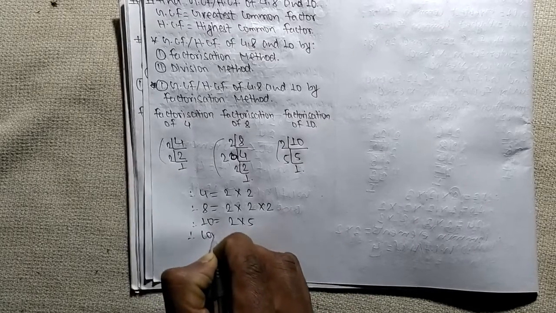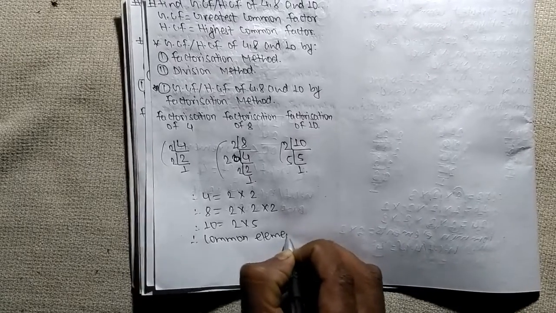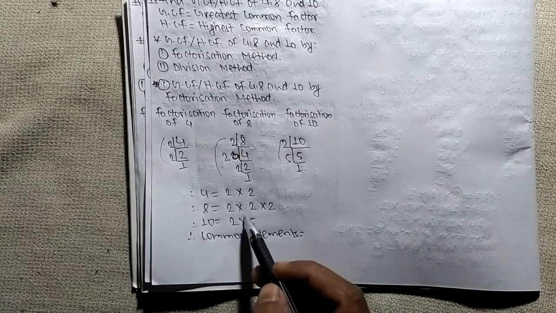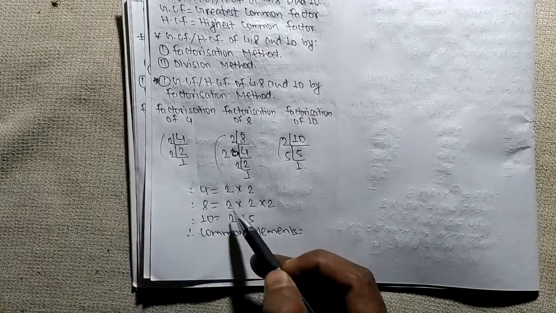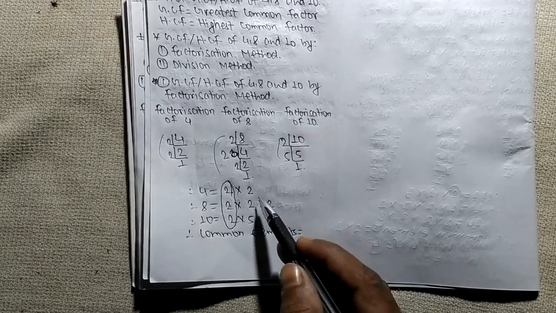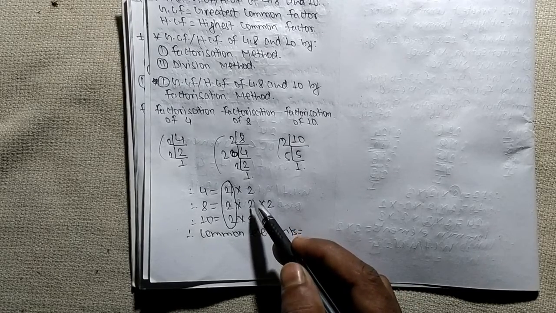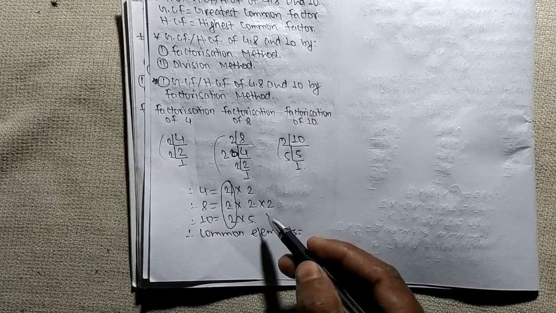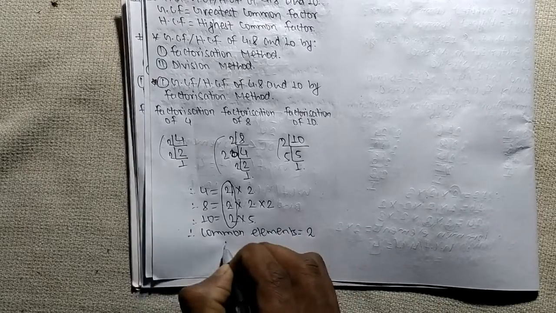So let's find the common elements. What is common in all these three factorizations? Here 2 is common. 2 is present in the first two, but it is not present in the last one, so 5 can't be taken as common. So the common element is only 2.